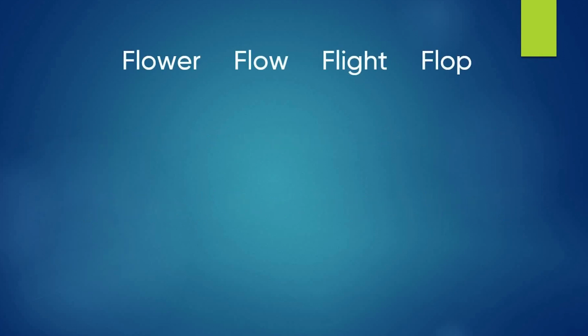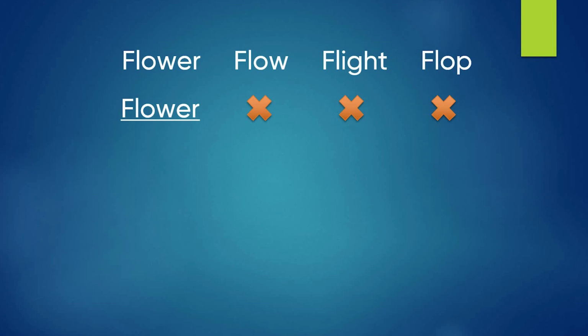So these are our elements. First we will check this flower against all of the remaining elements. Right now we see that flower is not available in all of them.